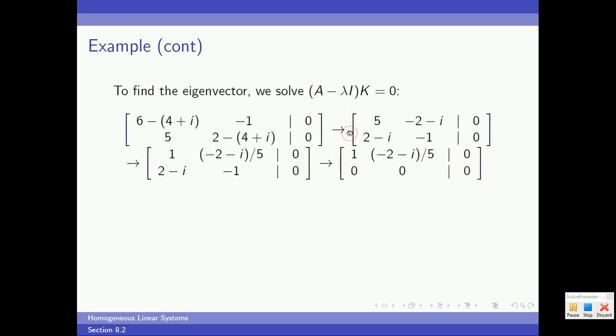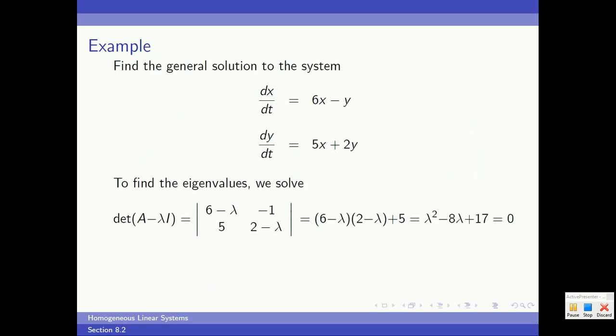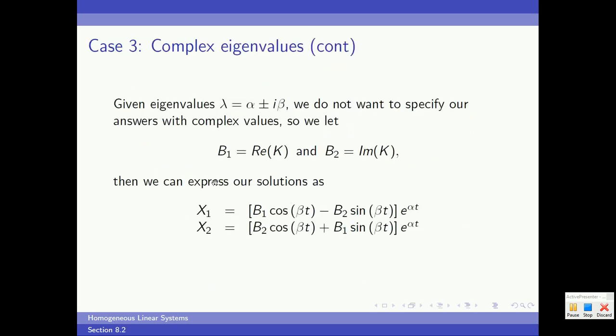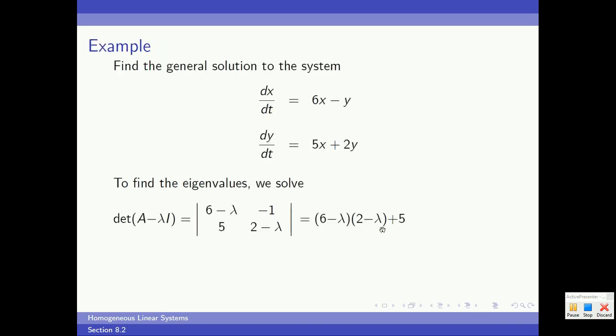So going back to what the form is, we have B1 cosine of beta t minus B2 sine beta t. B2 cosine beta t, B1 sine beta t.